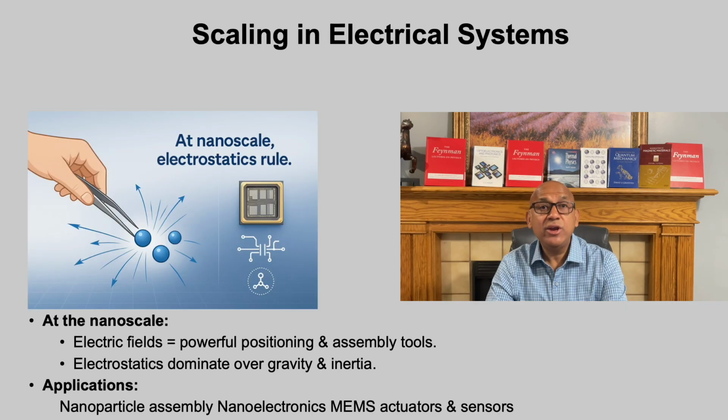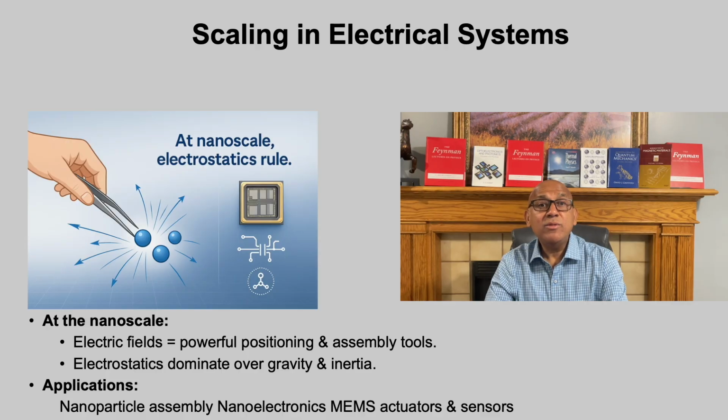As we begin exploring scaling in electrical systems, it is important to note that at the nanoscale, electrostatics rule. When objects become extremely small, electric fields become the dominant forces. They act as powerful tools for positioning, orienting, and even assembling nanoparticles with high precision. At these tiny scales, electrostatic interactions dominate over gravity and inertia, which are practically negligible.